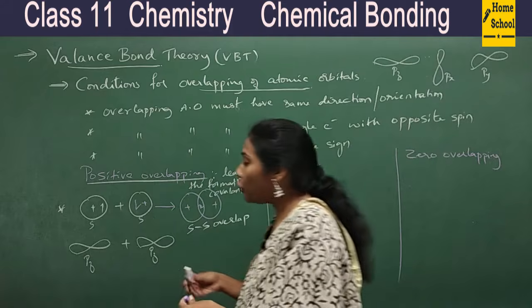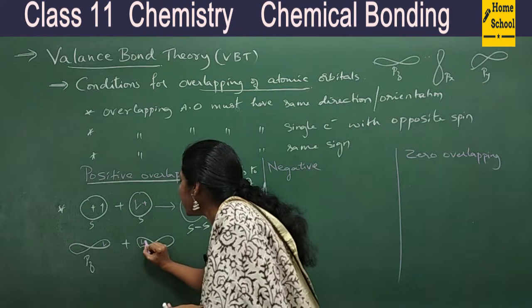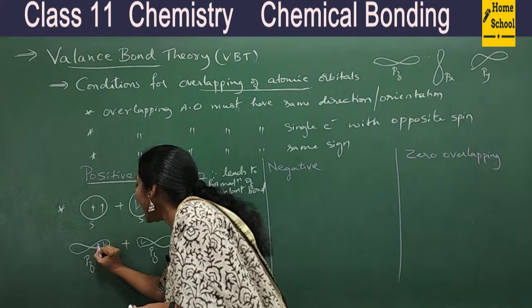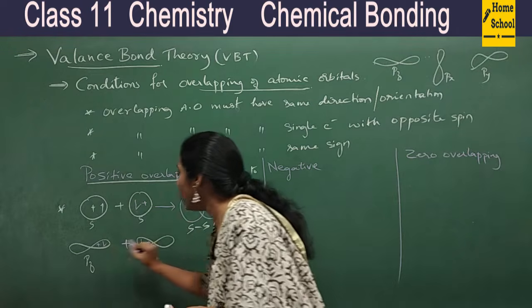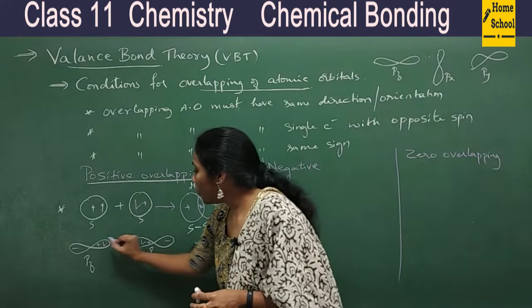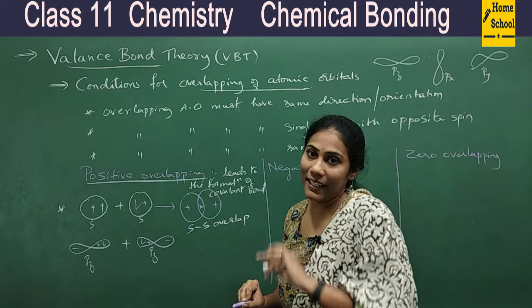If they have to overlap with each other, they should have single electrons with opposite spin and the same sign, and the lobes must overlap. See, plus lobe, minus lobe and minus lobe. So the plus lobe overlaps with the plus lobe with opposite spinned electrons.